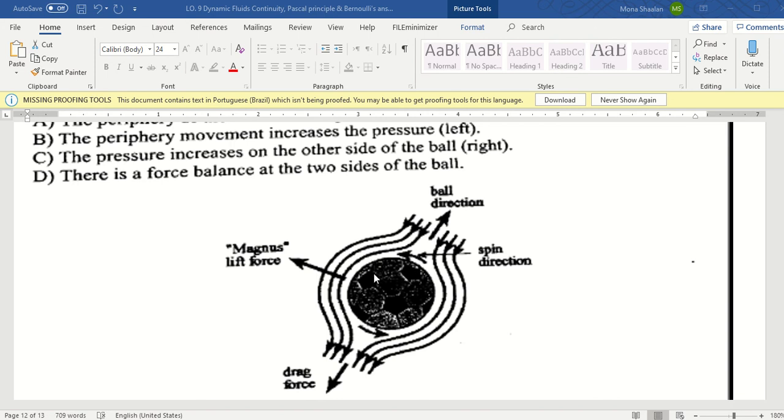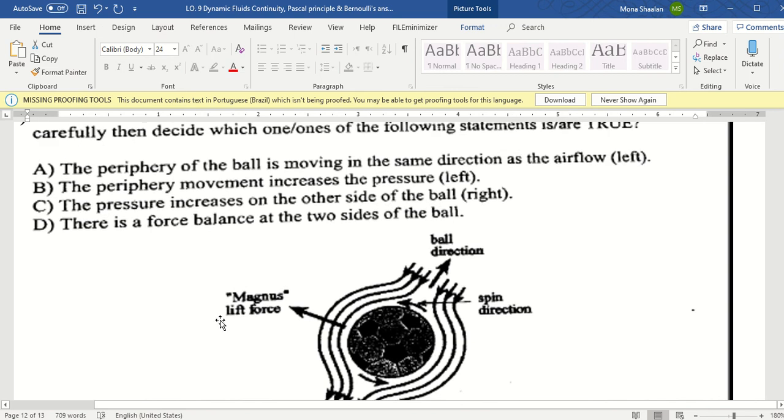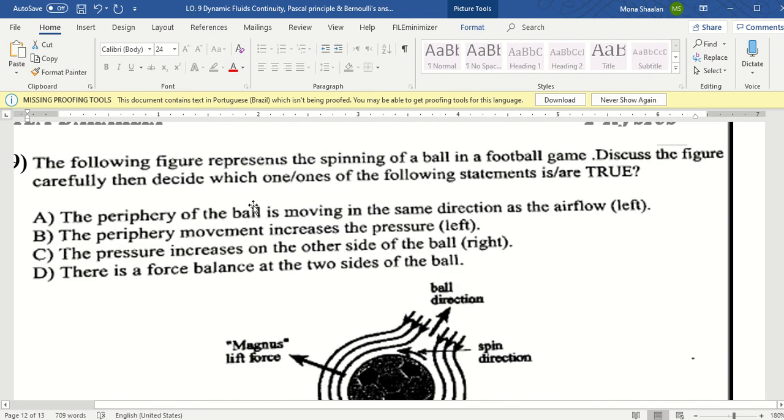when it is spinning in these directions, the speed will transfer in these directions, and there will be a region of low pressure here and a high pressure region here, so it will be lifted up due to these variations of pressures, and it returns back due to Newton's third law and so on. Okay, let's read what the choices are here.